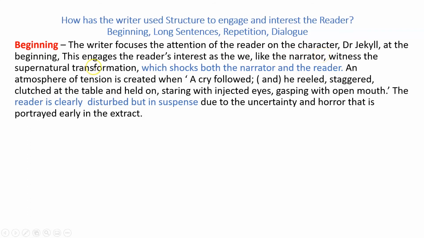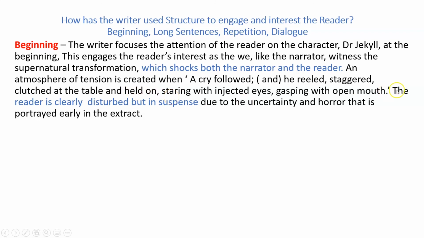And the transformation, the supernatural transformation clearly shocks both the narrator and the reader. An atmosphere of tension is created when a cry followed and he reeled and staggered. I've got "and" in brackets because that's not the writer's words, it's my words. But I'm embedding my quotation, which is a good thing to do. And you must remember to do this in your exams as well. And he staggered and clutched at the table.